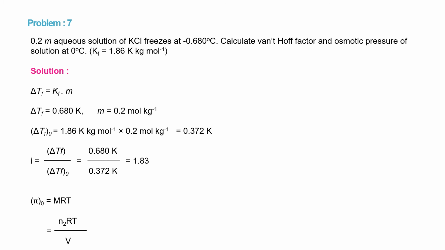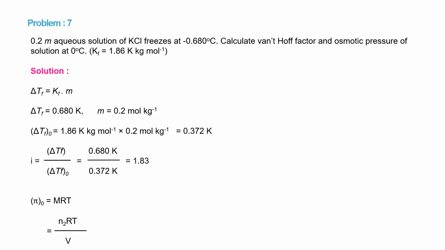Now we start with another concept, that is Van't Hoff factor, and on that basis we study the next problem: 0.2 molar aqueous solution of KCl freezes at minus 0.680 degrees Celsius.